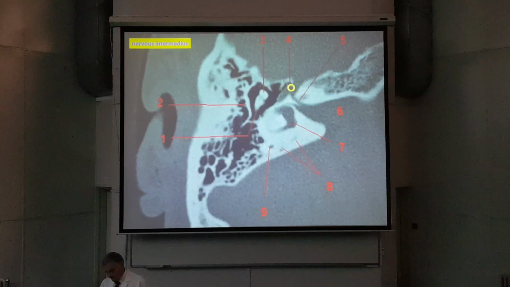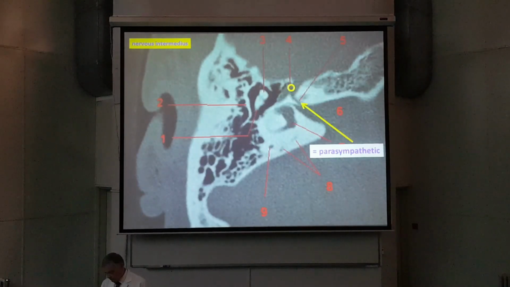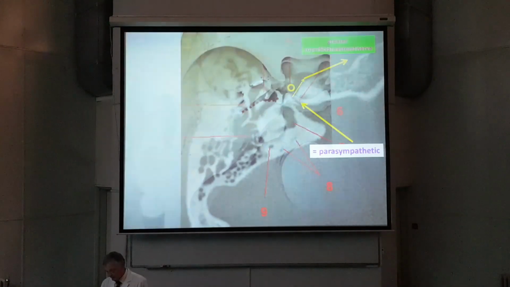Again, nervus intermedius, parasympathetic, comes through the facial nerve, passing through the fallopian canal, turning on the petrous part of the temporal bone, and this is the greater superficial petrosal nerve.